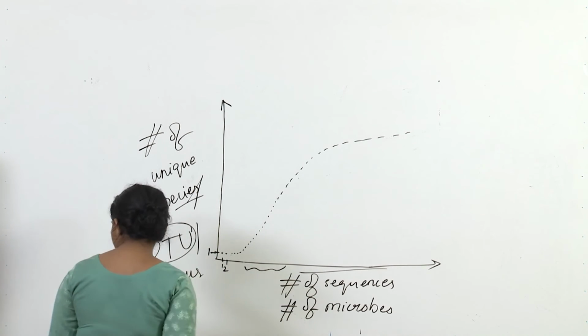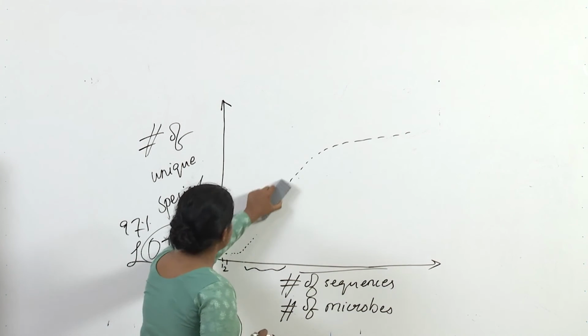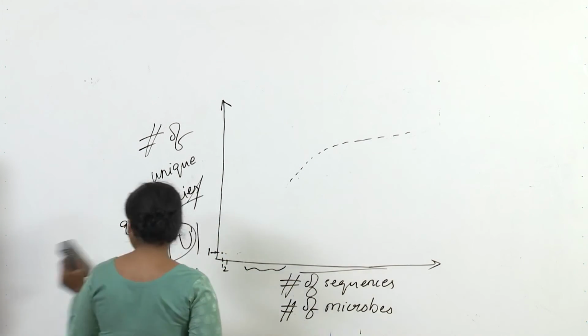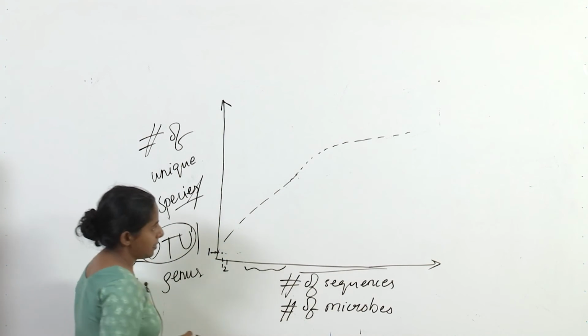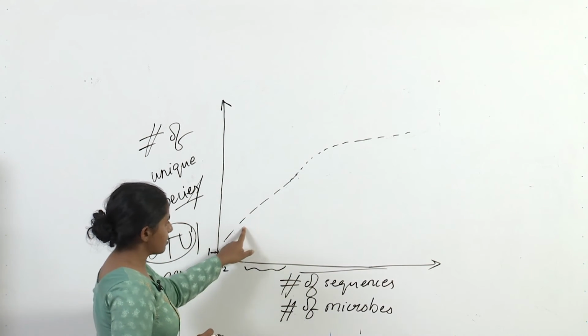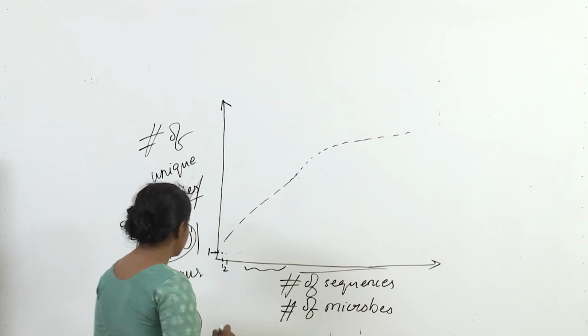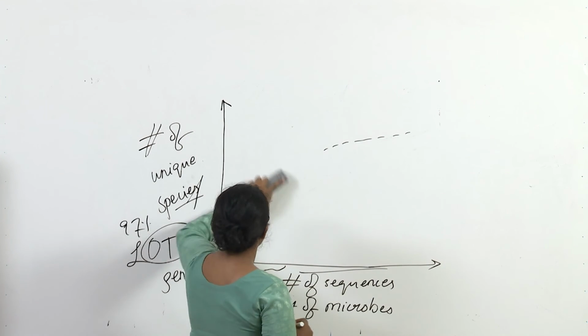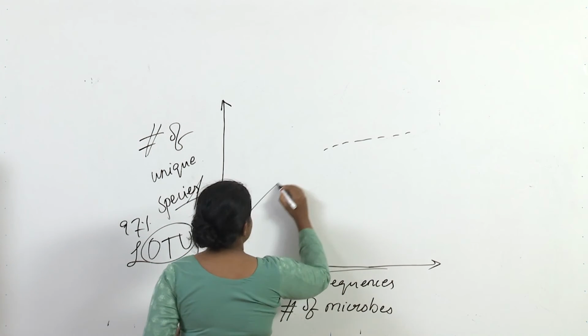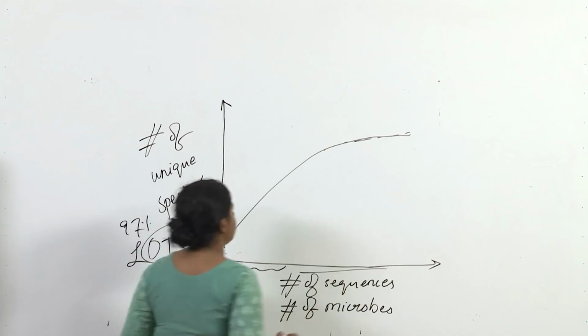Well, not like a growth model per se, but it looks like a logistic curve. So it looks like this. Initially there is a very fast rate of getting unique sequences because our microbial communities are very diverse, and then it plateaus off.